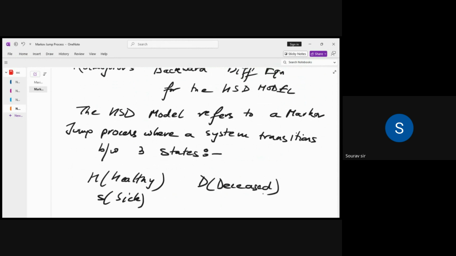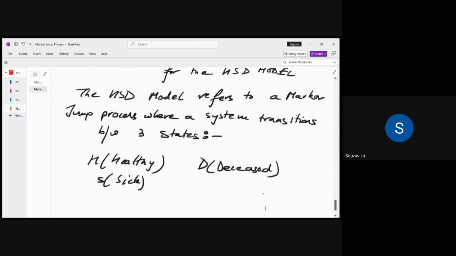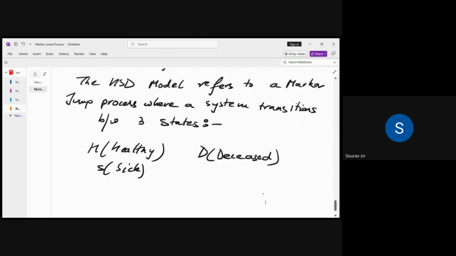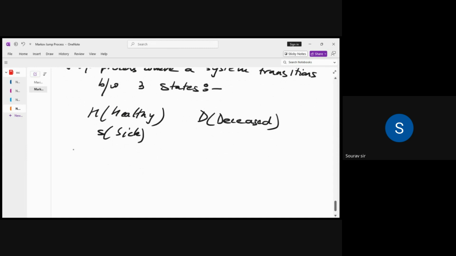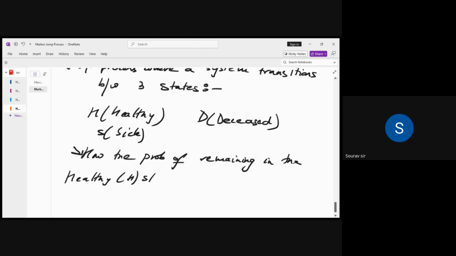Okay. So now, if we apply the Kolmogorov backward differential equation, the question is how the probability of remaining in the healthy state changes over time.